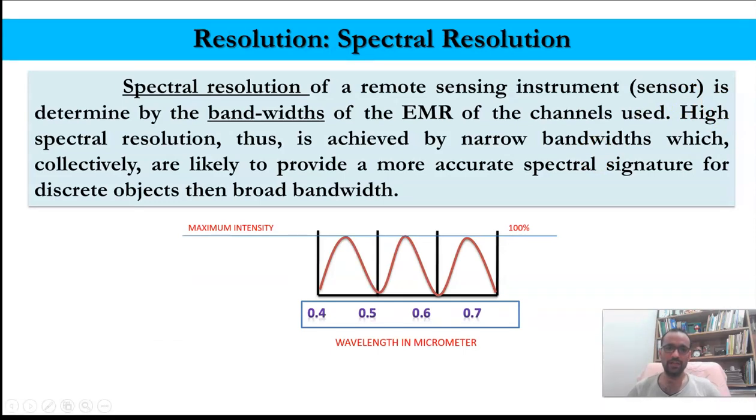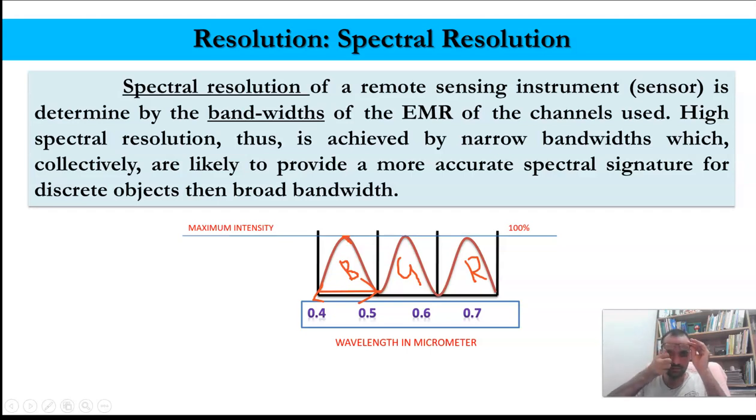So these are the different bands from 0.4 to 0.5, right? This is blue, this is green, this is red. The peaks of these bands represent the intensity of the wave, right? So this is the band for the blue, this is for green, this is for red. So this is the spectral resolution.